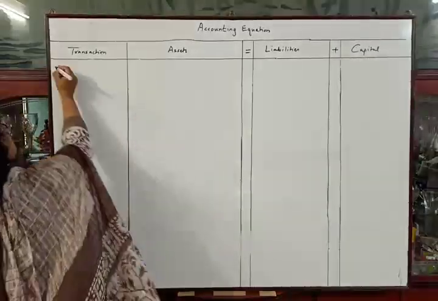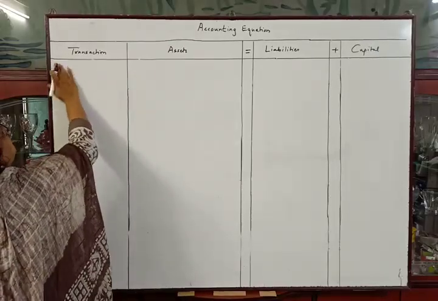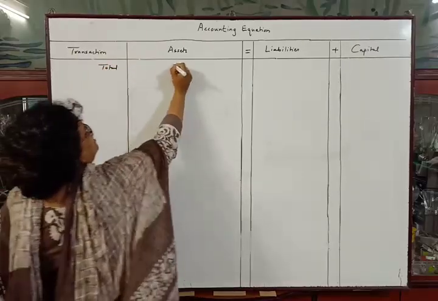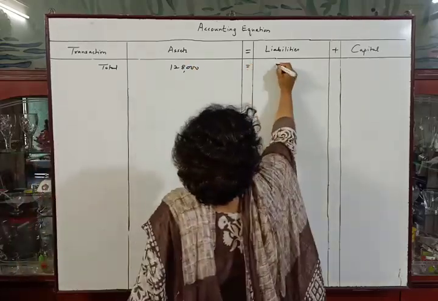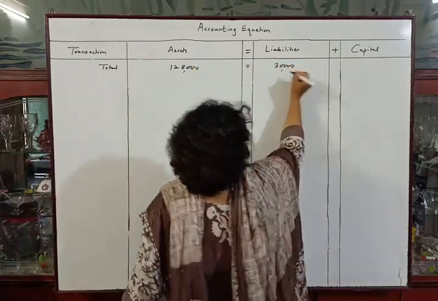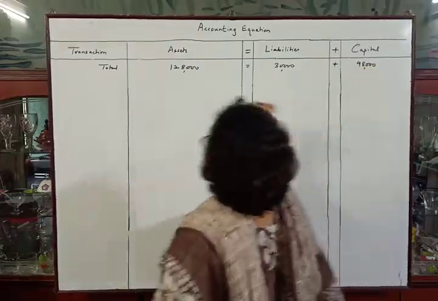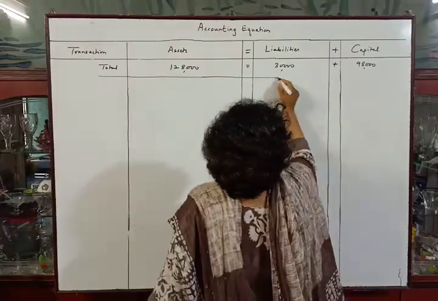Now the next transaction, fifth. Here I will write the total. Assets total was 1,28,000 is equal to total liabilities 30,000 plus capital was rupees 98,000. Okay, this was the total of first four transactions.